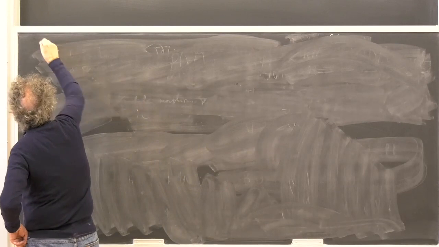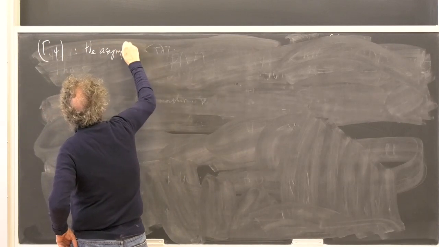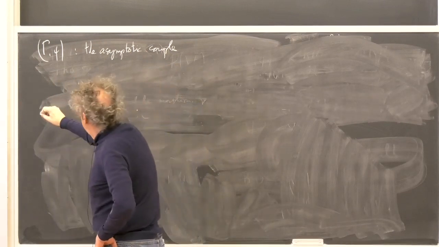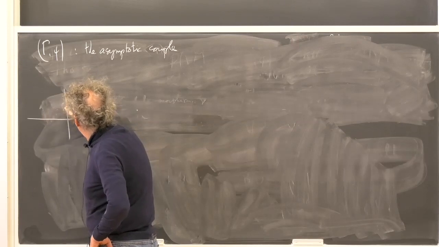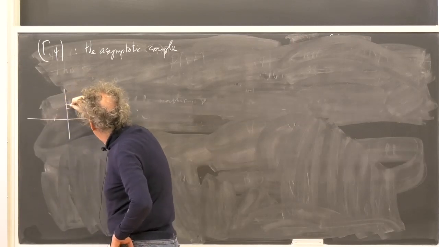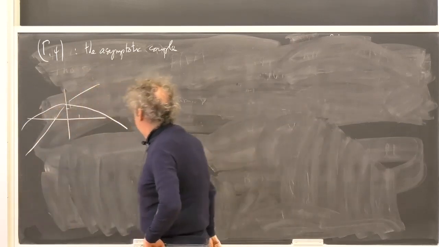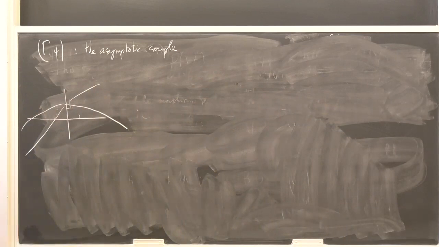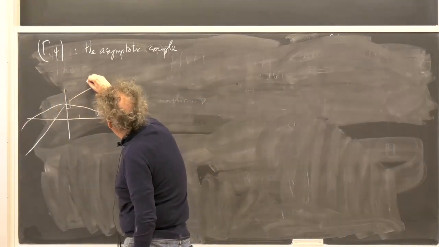Gamma, psi, the asymptotic couple. And you have to have in mind the usual picture. Whenever I think about H fields or similar things, this is the picture I have in mind: gamma dagger, gamma prime.